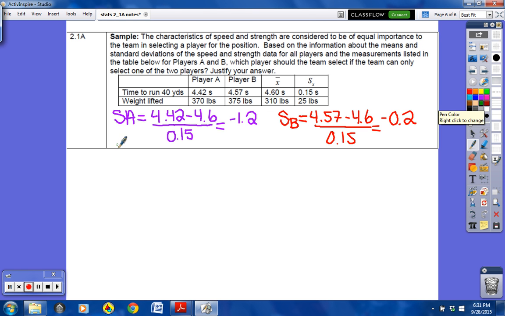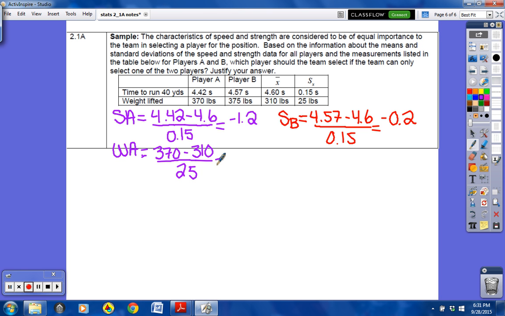So we're going to talk about weight or strength for player A. Player A can lift 370 pounds. The mean is 310, and the standard deviation is 25.